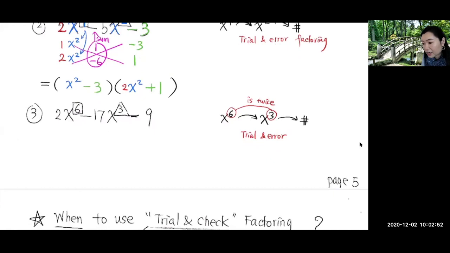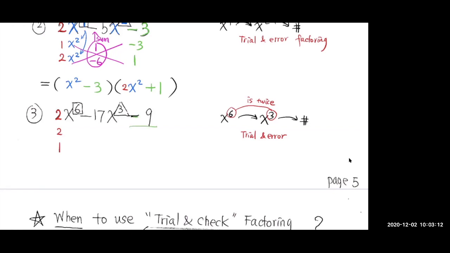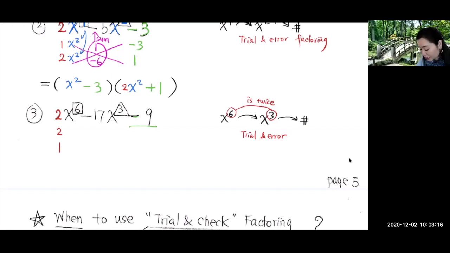So how would you like to factor this 2? You can try 2 times 1, right? How would you like to factor this -9? -9 and 1, right? So let's try -9 times 1, see if it works.